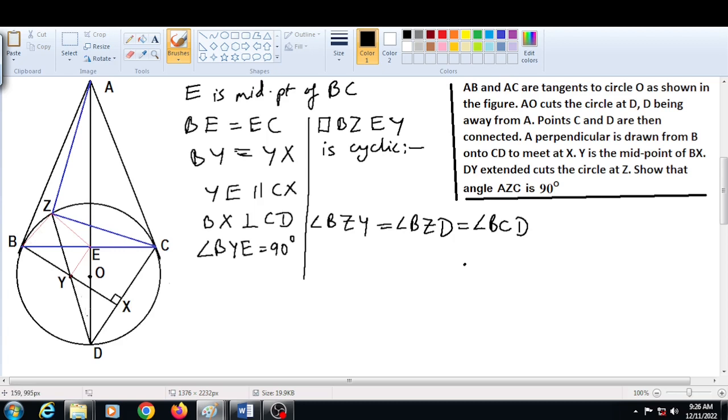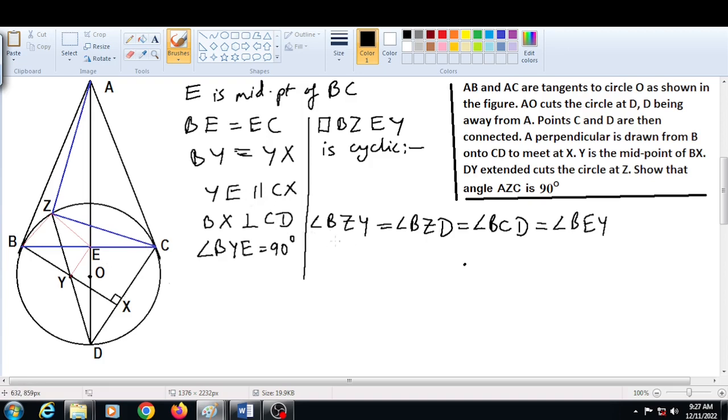So angle BZD and angle BCD subtend this arc over here. As they subtend the same arc, the angles are equal. Further, angle BCD is equal to angle BEY. This is because YE is parallel to CX. So if this is a certain angle BCD, then this angle BEY is equal to it because YE is parallel to CX.